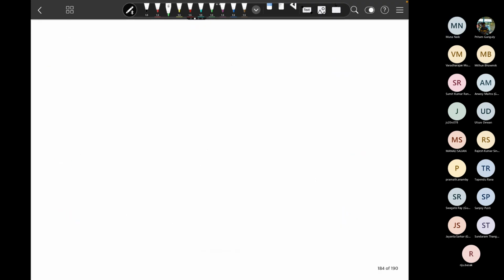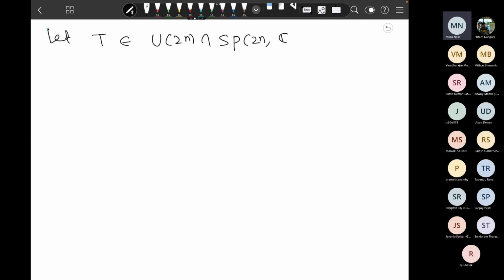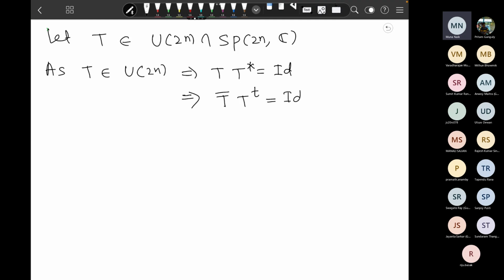let T belong to U2n intersection Sp2nC. As T belongs to U2n, that means T star T is identity, which is the same as T star is equal to T inverse. Now if I take bar on both sides, I get T bar T transpose is equal to identity.